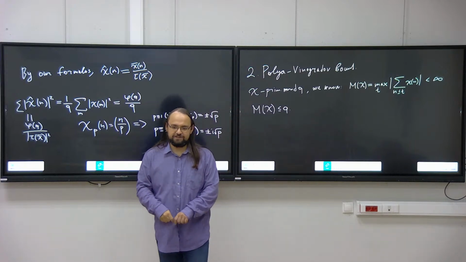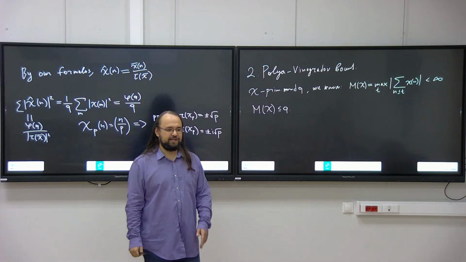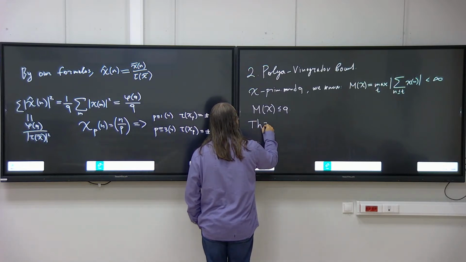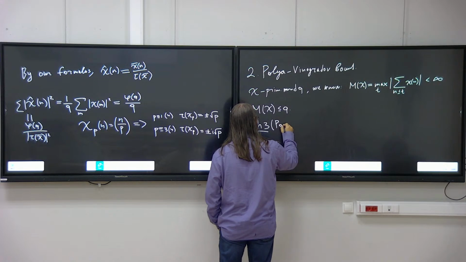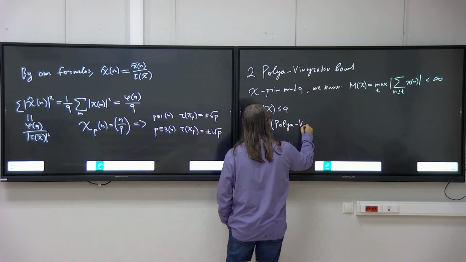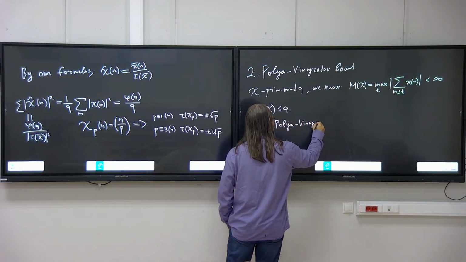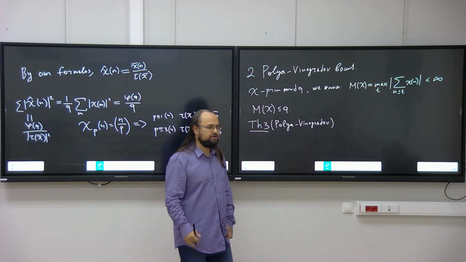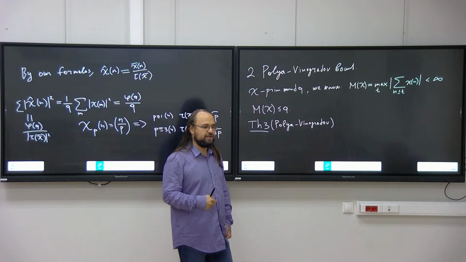It turns out that using the Fourier transform, one can get a much better bound. Pólya and Vinogradov. And it is also known that this bound I'm going to prove is somewhat sharp.